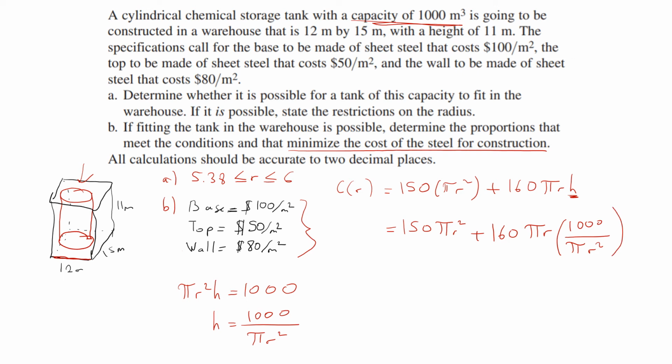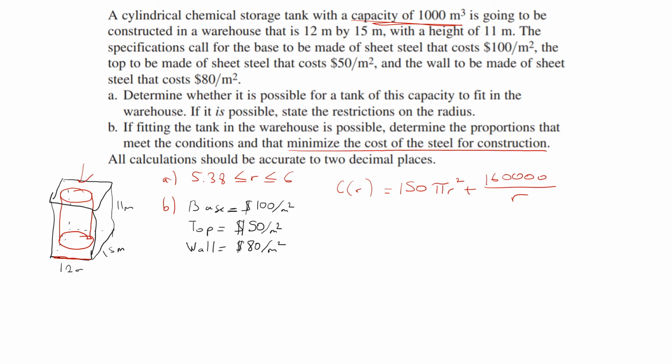I also realize now I can actually cancel these out, and I can cancel one of the r's for this. So I ended up with, for my function, 150 pi r squared plus, I'm going to multiply this 160 by 1000. So I will get 4 zeros divided by r. So here is my function.